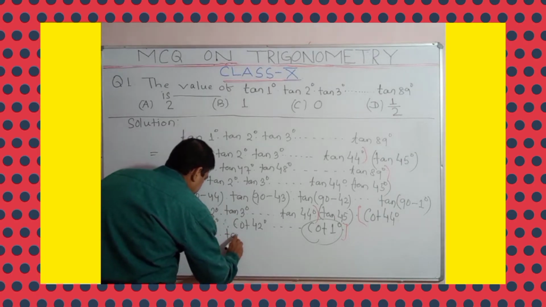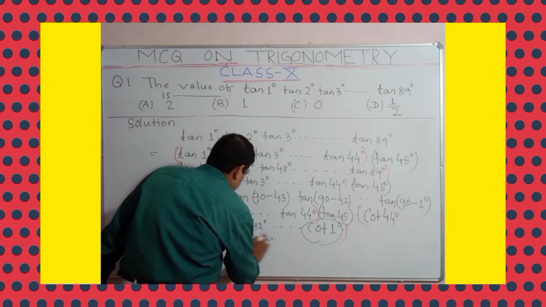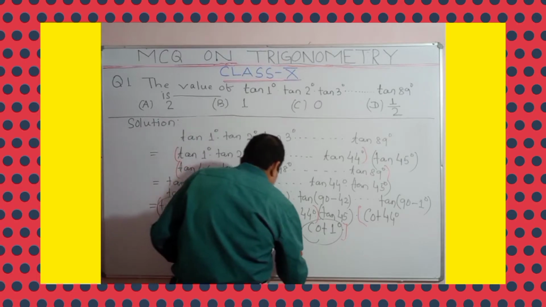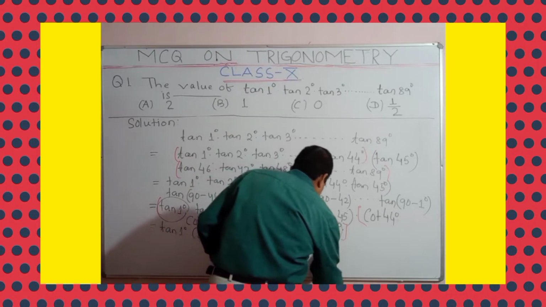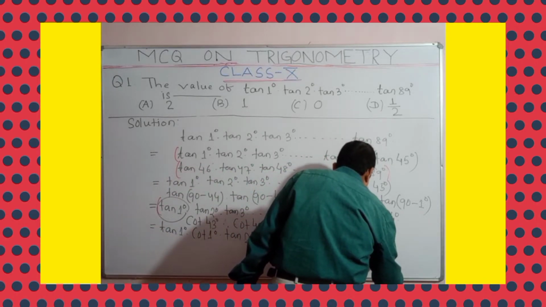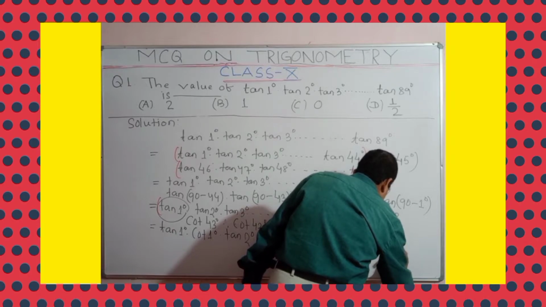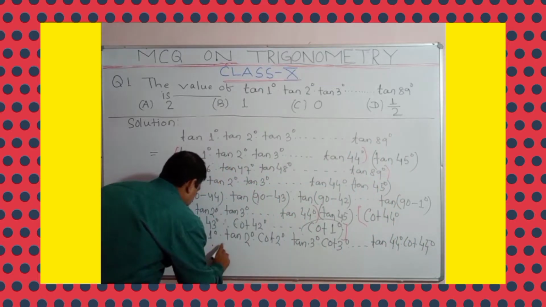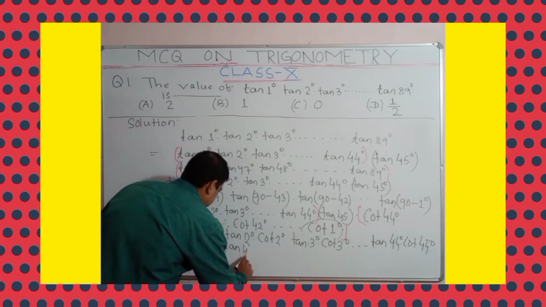Similarly, tan 2 degree into cot 2 degree, tan 3 degree into cot 3 degree, and similarly up to tan 44 degree into cot 44 degree, and finally tan 45 degree. Is it clear to all of you now?